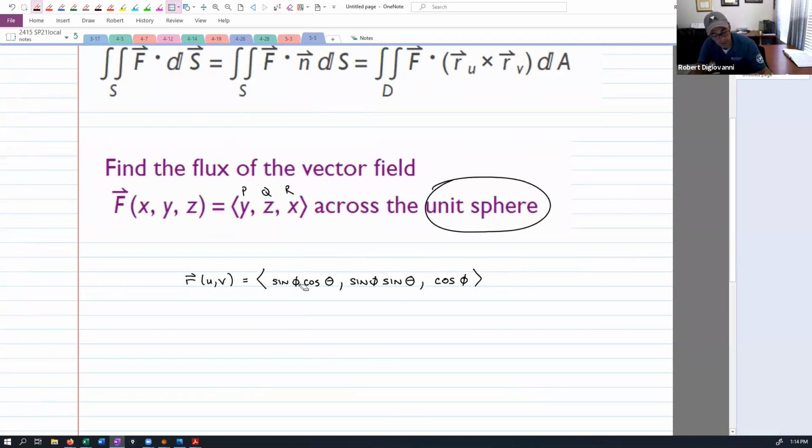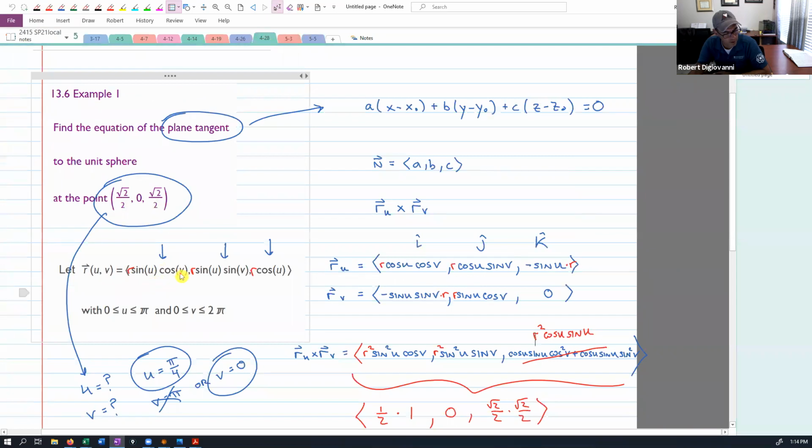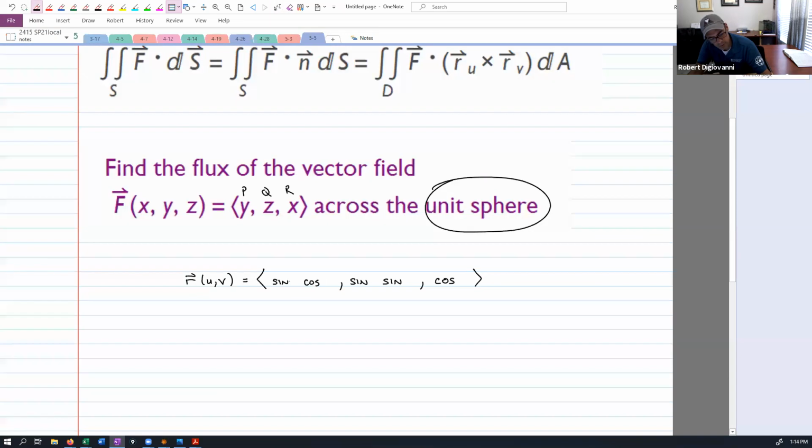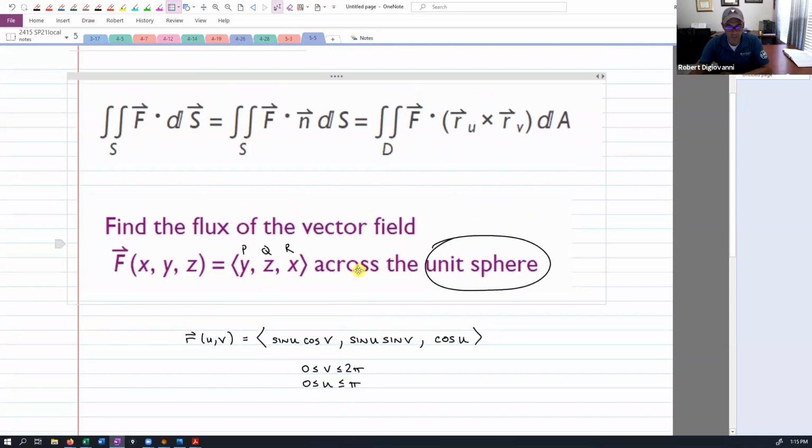I should probably make this u and v to be consistent with what we did before. v was our theta and u was the phi. So v went between 0 and 2 pi, and u went between 0 and pi. That should draw us our unit sphere.